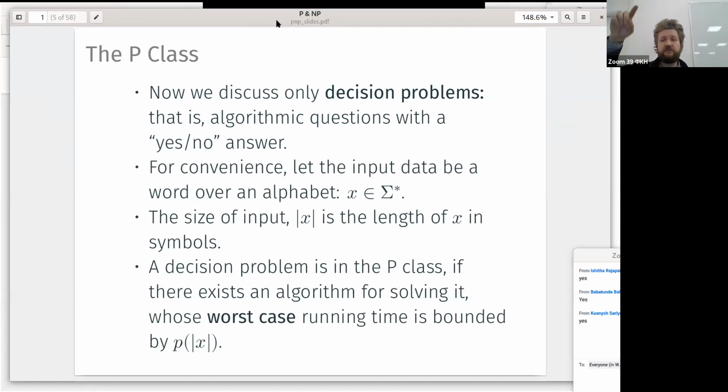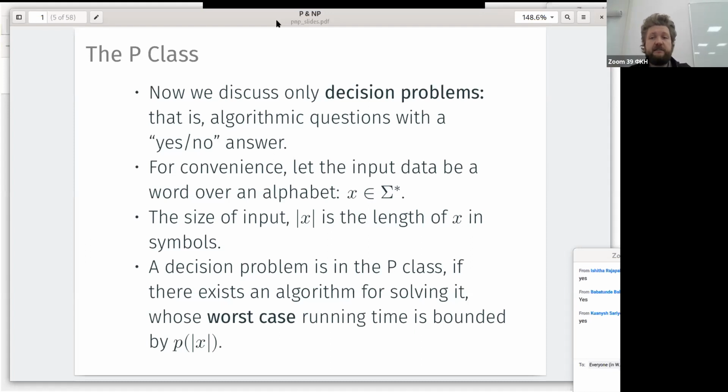But when x starts growing, we can see the growth of the worst case complexity, and it could be either polynomial or superpolynomial. For example, if we try to guess a satisfying assignment just by brute force, it will go exponentially. It's not bounded by any polynomial, so this is hard.